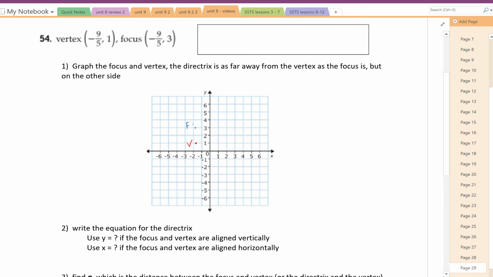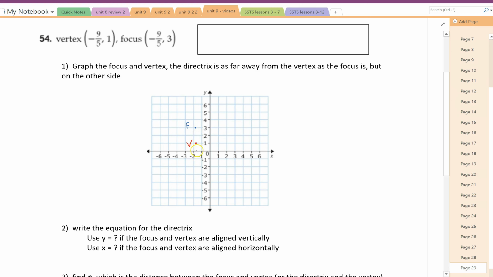What this tells me right away, since the focus is above the vertex, is that the parabola is going to open up, but we'll see why in a second. So I've graphed everything. What I know is that the directrix is as far away from the vertex as the focus is, but on the other side. So in other words, if the focus is up here above the vertex, the directrix has to be the same distance but below it. And so I can see here that the focus is exactly 2 units above the vertex.